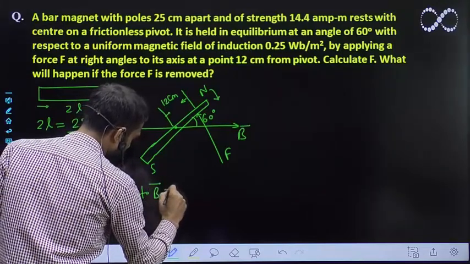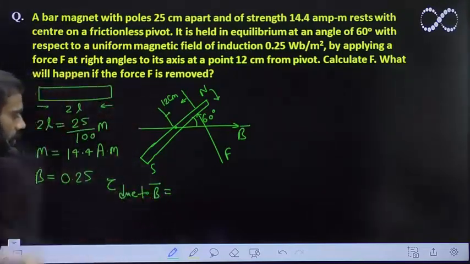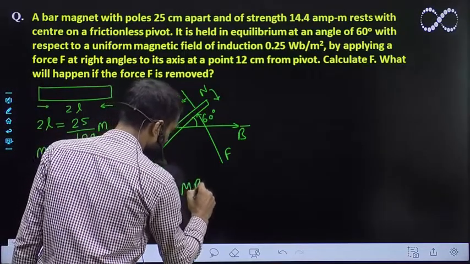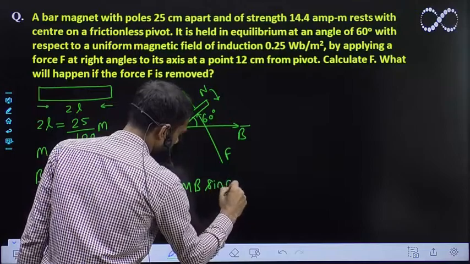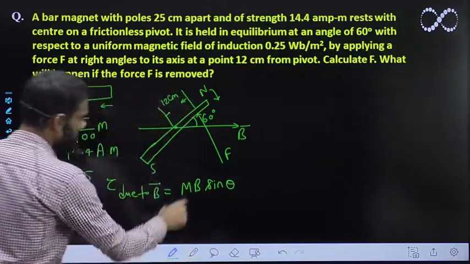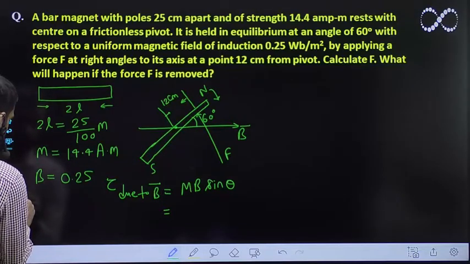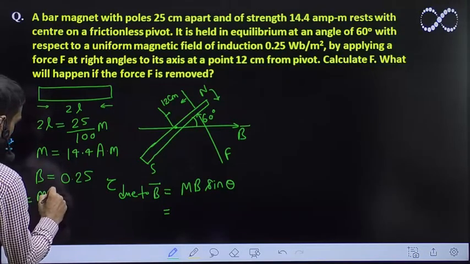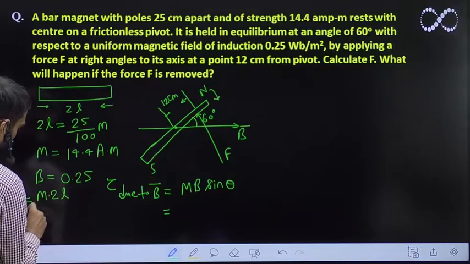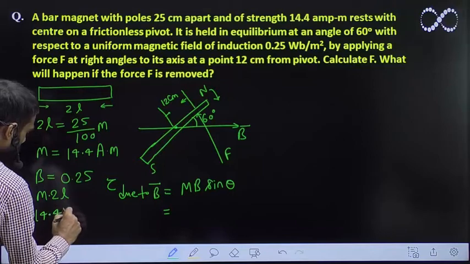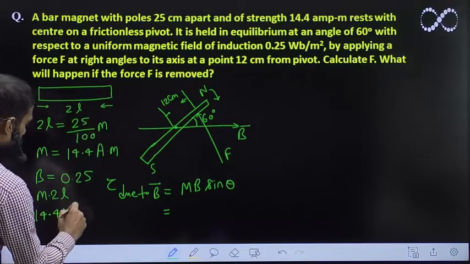As you all know, the torque due to B vector will be MB sin theta. Here M is the magnetic moment; m is the pole strength and this is the 2L, so capital M equals m into 2L. Here m is given as 14.4, and 2L is 25 upon 100.